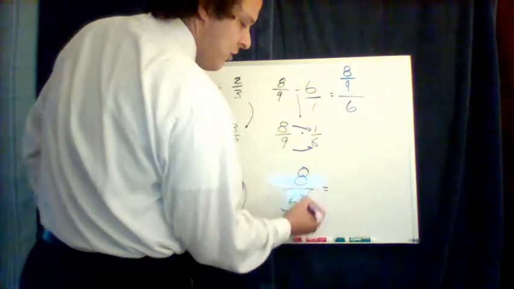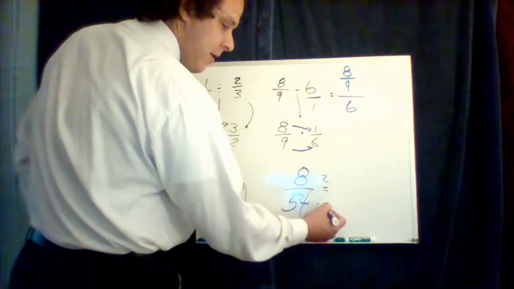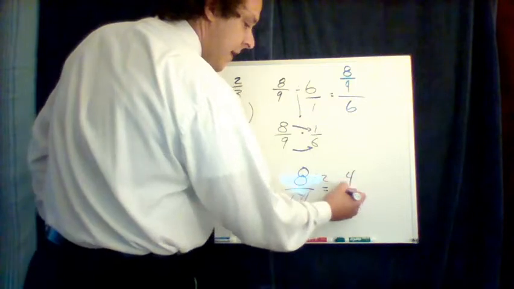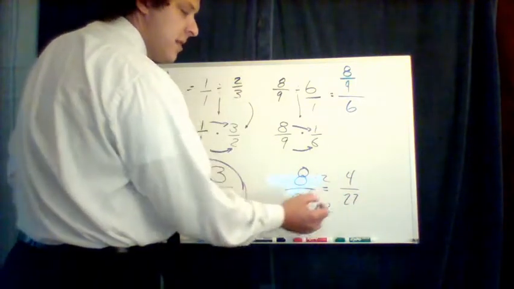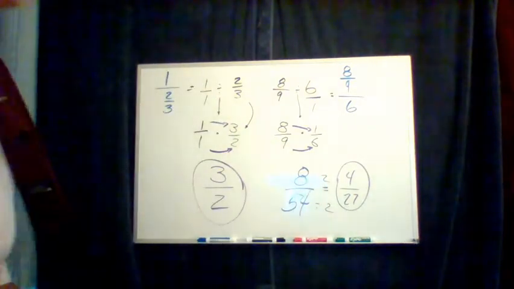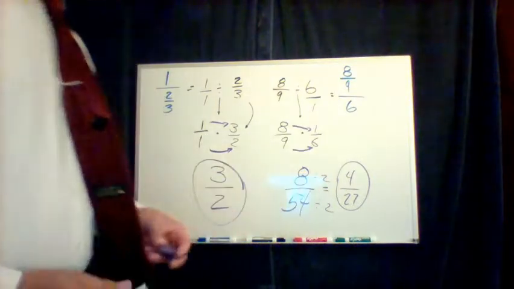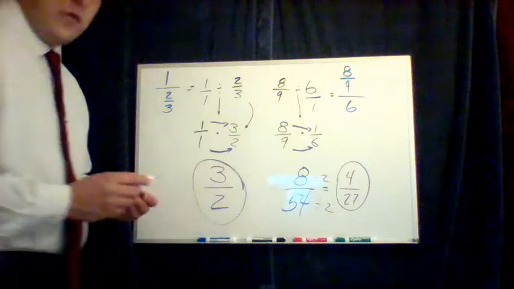Let's divide these both by 2. So 8 divided by 2 is a 4, and 54 divided by 2 is 27. The greatest common factor there was 2, which is what we're dividing by. Right, so it looks like our answers are 3/2 and 4/27.